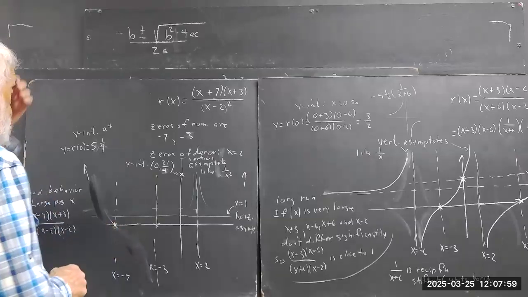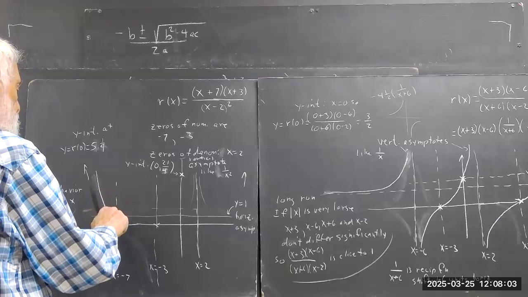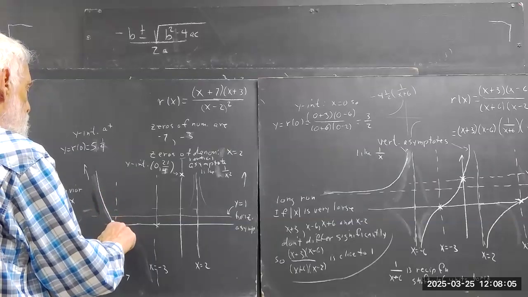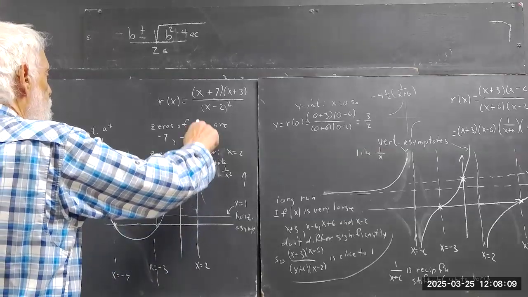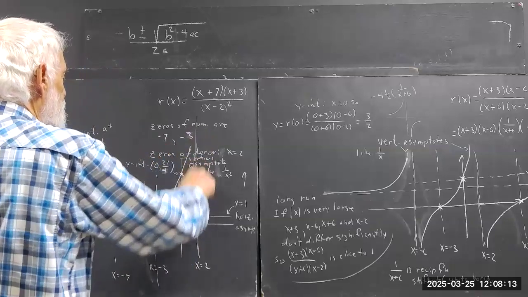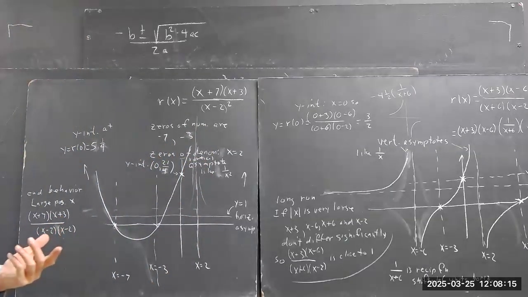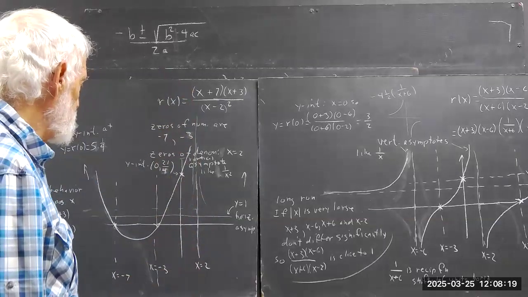Okay. Come down through here, and on towards this vertical asymptote here. That makes sense? It's got to approach this x=2 line.